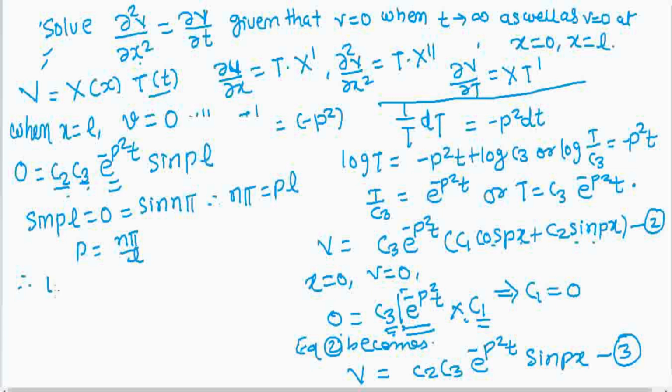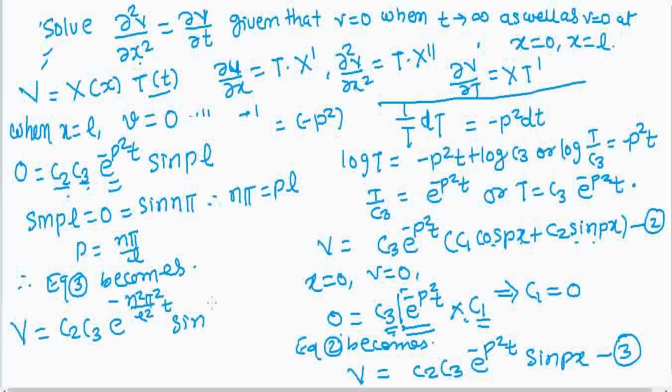Therefore equation 3 becomes v equal to c2 into c3 into e raised to minus n square pi square divided by L square into t into sine of n pi divided by L into x. We have this equation number 4.